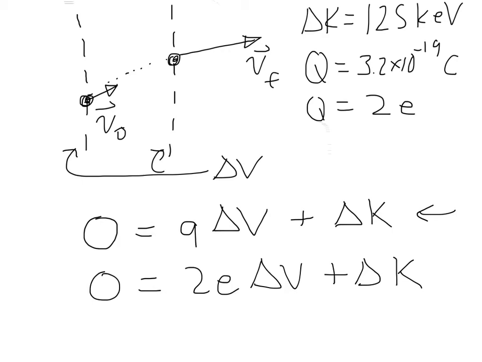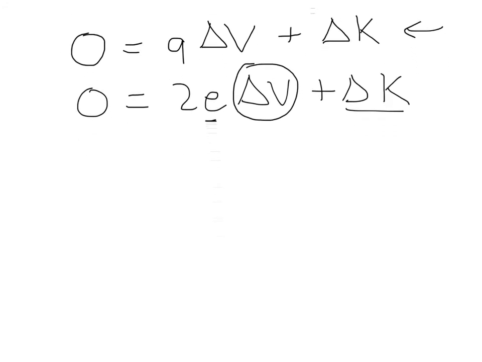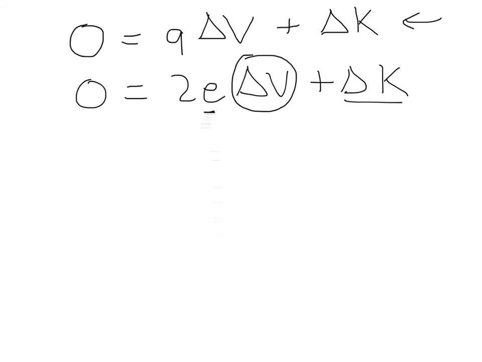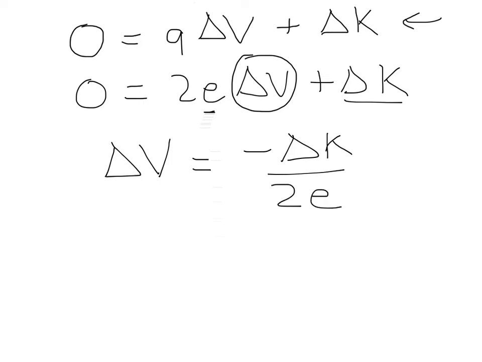This is pretty easy because the only unknown is delta V. We have delta K given to us, and we know the electric charge. I won't insult you by going through all the steps, but you can verify that delta V should be minus delta K over 2e.